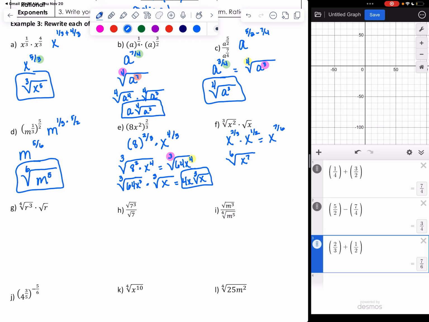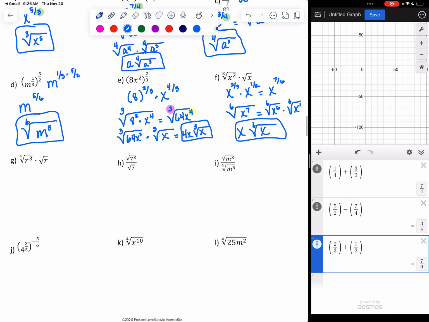Now this can be simplified by rewriting as x, the 6th root of x to the 6th power times the 6th root of x to the 1 power, because 6 plus 1 is 7. So 6 divided by 6 just gives you x, and then we have the 6th root of x.